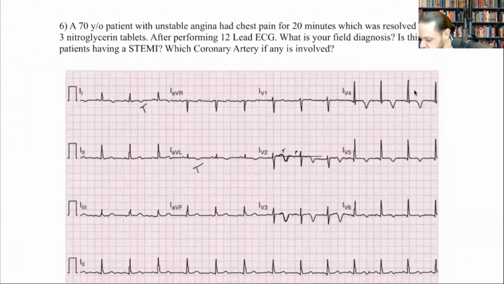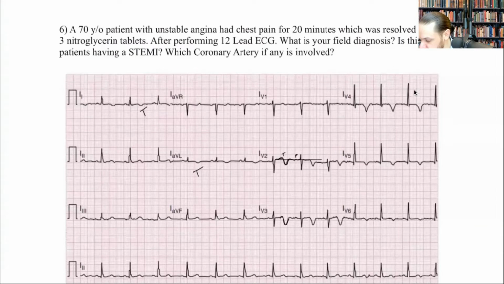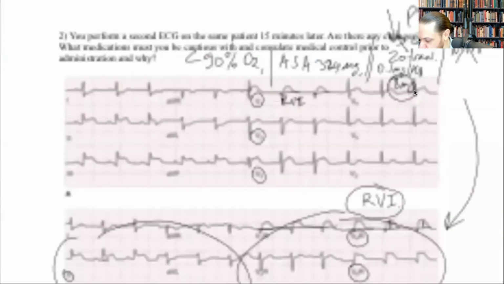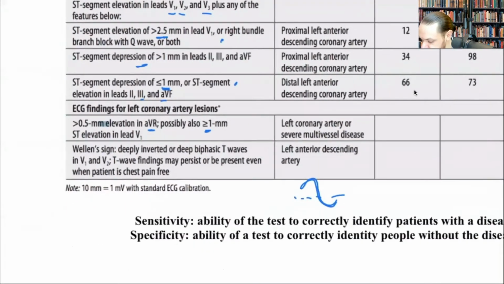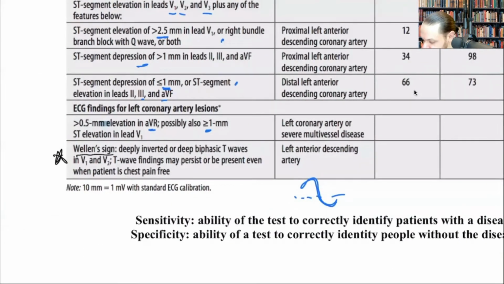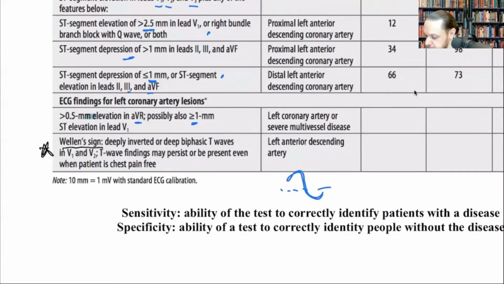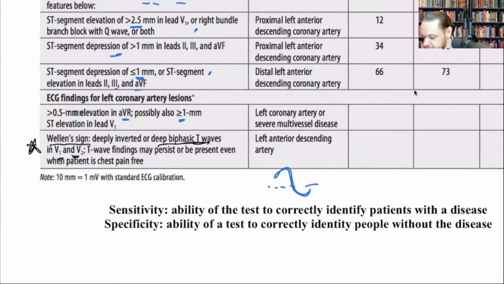So this here is actually a specific pattern called the Wellens. So let me go back to that chart that I had, right? So what this shows you is this. This is your Wellens. So it's deeply inverted, deep biphasic T waves in V1, V2, right? And this finding can be present for the patient who has unstable angina, and it could occur even when they're pain-free, meaning they had unstable angina, they had chest pain, they called EMS, you come there, but now they don't have chest pain.